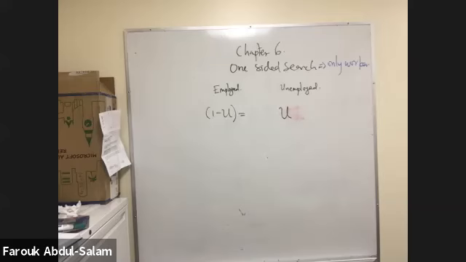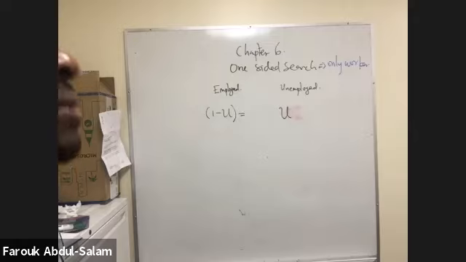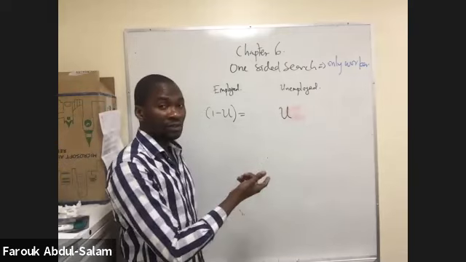Some people thought U was just an amount. U is the number of, yeah, that's a good question, but let's assume it's a rate for now, because when I assume this to be a rate, 1 minus U is just the opposite of it, to make our lives easy.